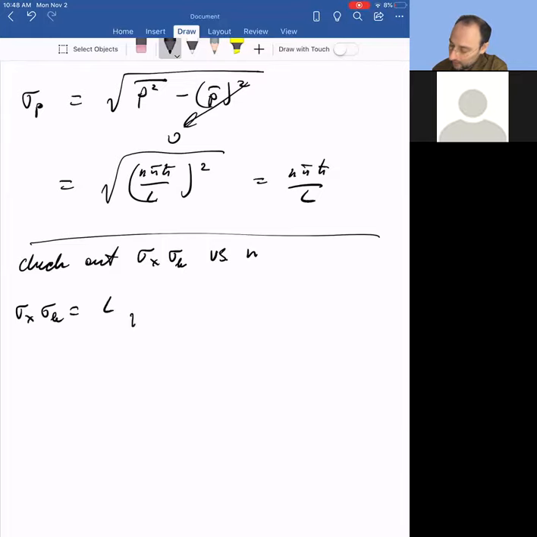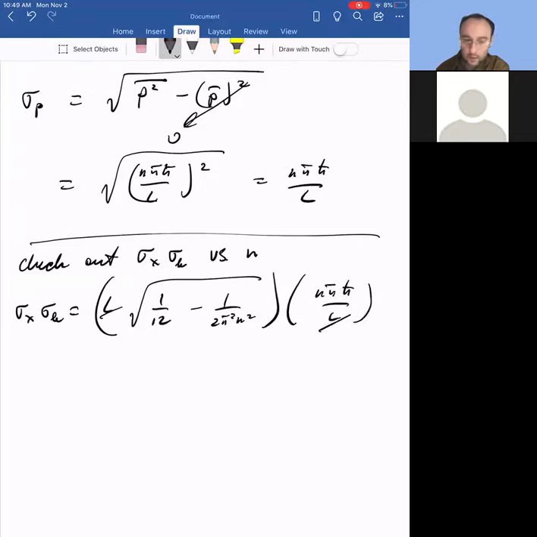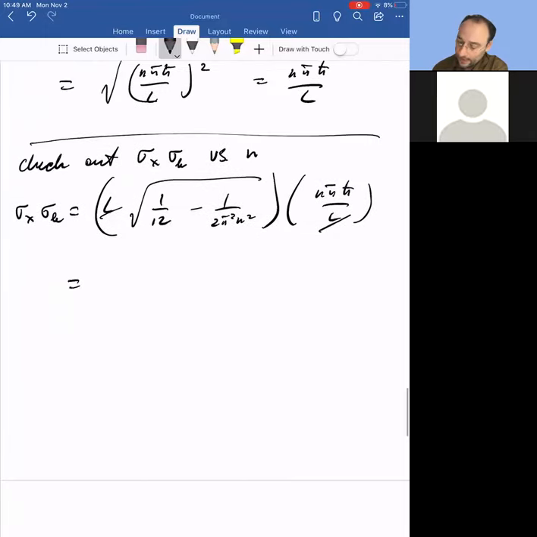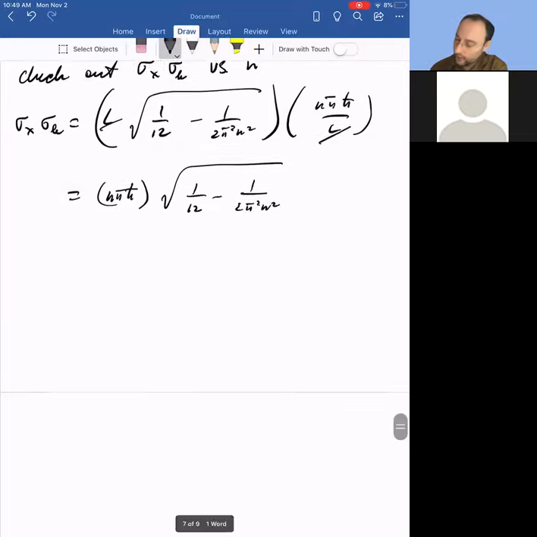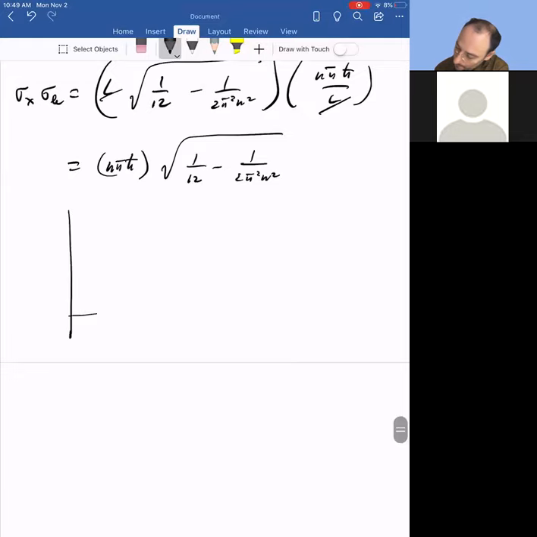And this turns out to be a fairly ugly expression, nevertheless whose units work out. N pi h bar times this thing, 1 over 12 minus 1 over 2 pi squared n squared. And what I can do is plot this versus the mode.